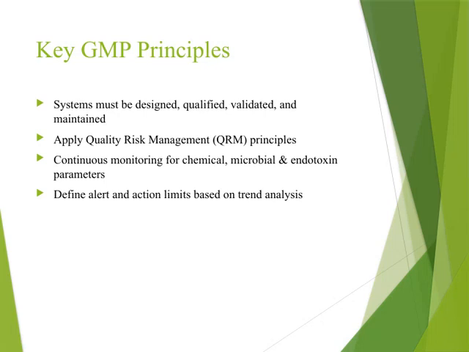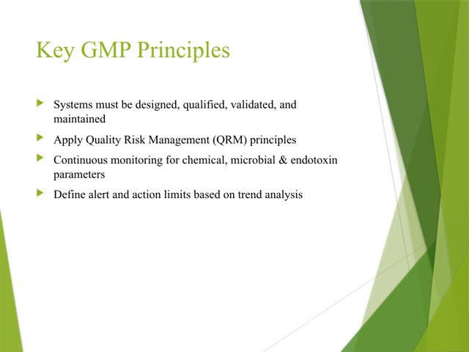Let's take a closer look at some of the key GMP principles that ensure product quality and safety. First, systems must be carefully designed, then qualified and validated, and importantly, maintained throughout their life cycle. This helps ensure they function consistently and reliably. Next, applying quality risk management, or QRM, principles is essential.